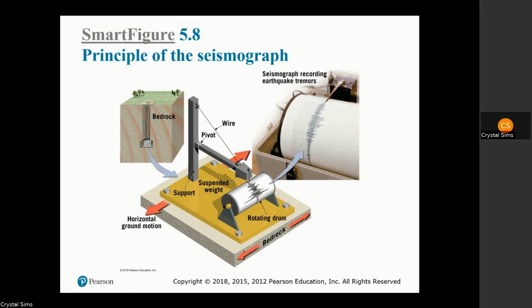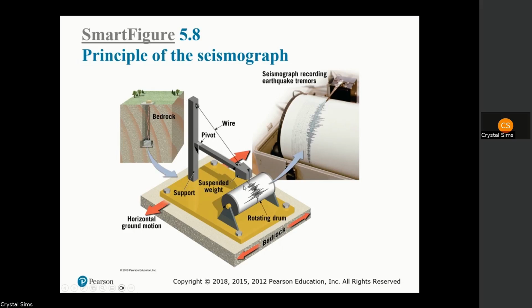What we have is this seismograph that has a weight suspended on it by a wire. And it's attached to this support column with a pivot. So as forces are applied, this weight starts to move.